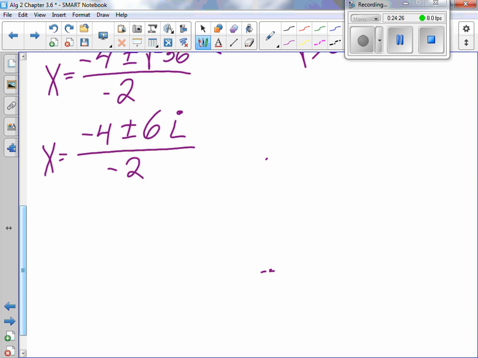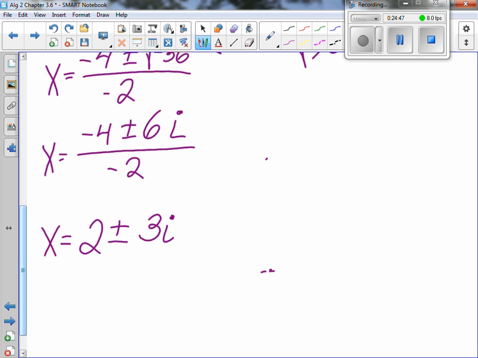Because negative 4 divided by negative 2 would be 2. The negative and negative would make a positive, yes? 6 divided by 2 would be i. Now we divided by a negative, yes? So the sign in the middle would be plus or minus.